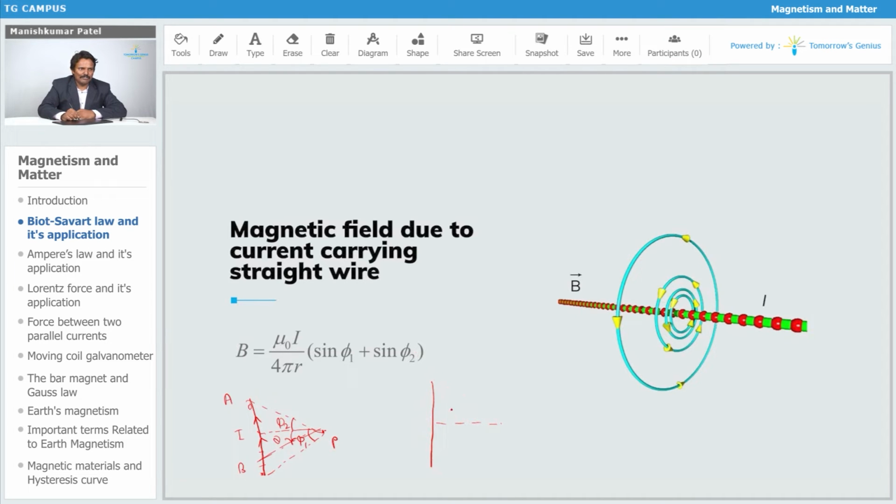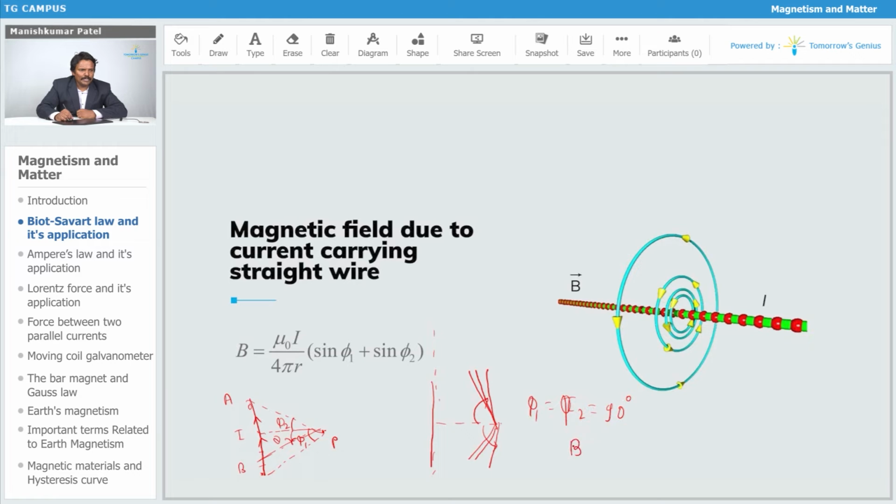If it is infinite, that means this angle goes on increasing and increasing, and finally phi 1 equals phi 2, which equals 90 degrees. So that angle becomes 90 degrees.